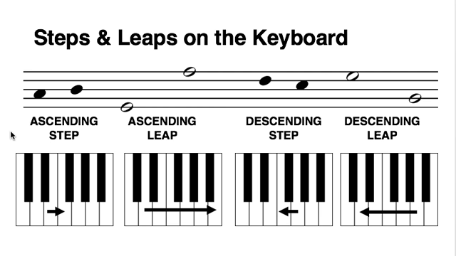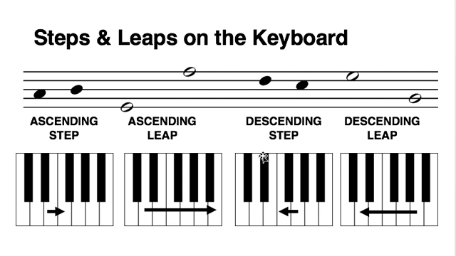Remember how we defined steps and leaps on a staff? Here are some examples on the keyboard. Now, those are not necessarily correlating to what you see on the staff, what you would play on a keyboard. Rather, it's just the idea that you have an ascending step on the staff here, and here you have an ascending step on the keyboard.